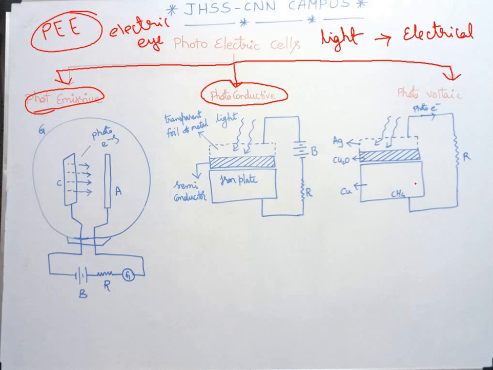Photovoltaic cells differ from other photoelectric cells in that no external battery is used to accelerate the emitted photoelectrons, as the cell itself generates its own EMF. Are you getting the point here? So the moment light falls, electrons are ejected from this cuprous oxide layer. They move to the copper, and then this oxide layer becomes positive, this becomes negative, and thus there will be a conduction.